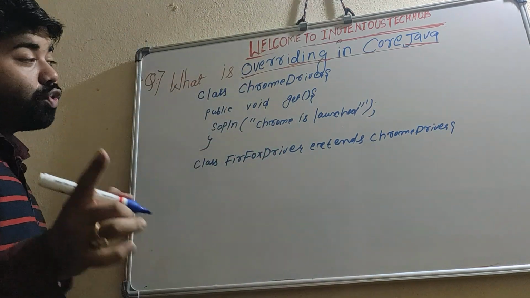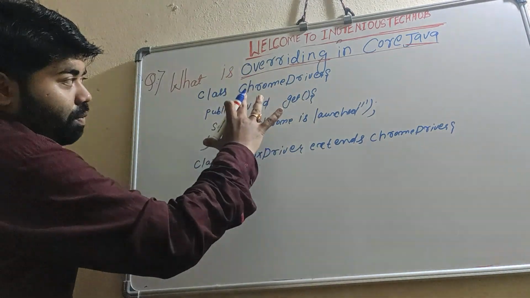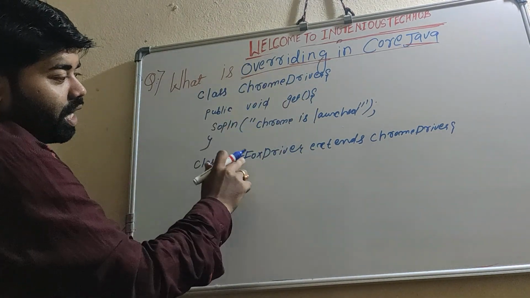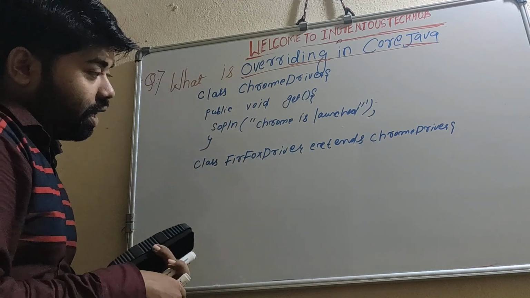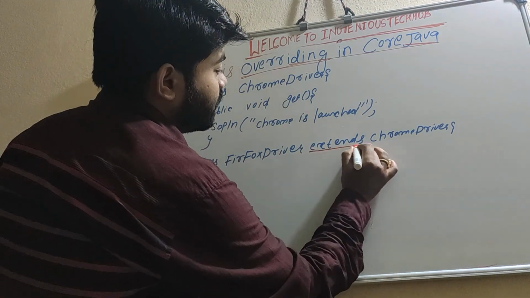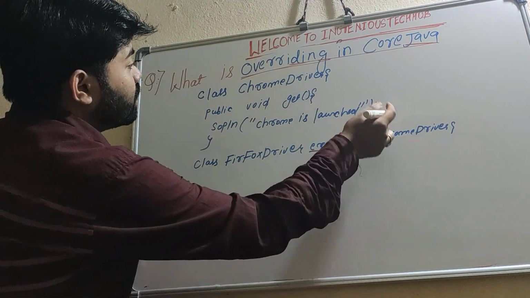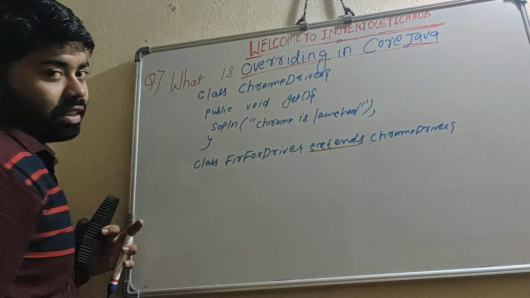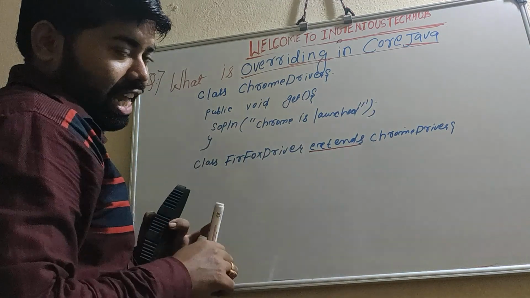So the first rule of overriding: if we cannot perform it in one class, we have to create another class also, with an inheritance relationship. The extends keyword means we are providing the relationship from one class to another class. Inheritance is another topic, and in the coming session I will discuss the inheritance concept.